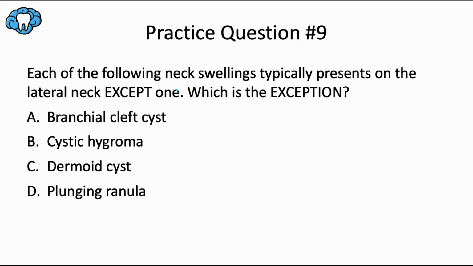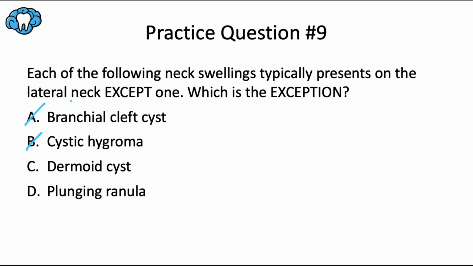So let's talk about how we can find the correct answer here. We can hopefully rule out the branchial cleft cyst and the cystic hygroma right away because those are both lateral neck swellings. They're always presenting laterally, so those we can definitely rule out from the list.